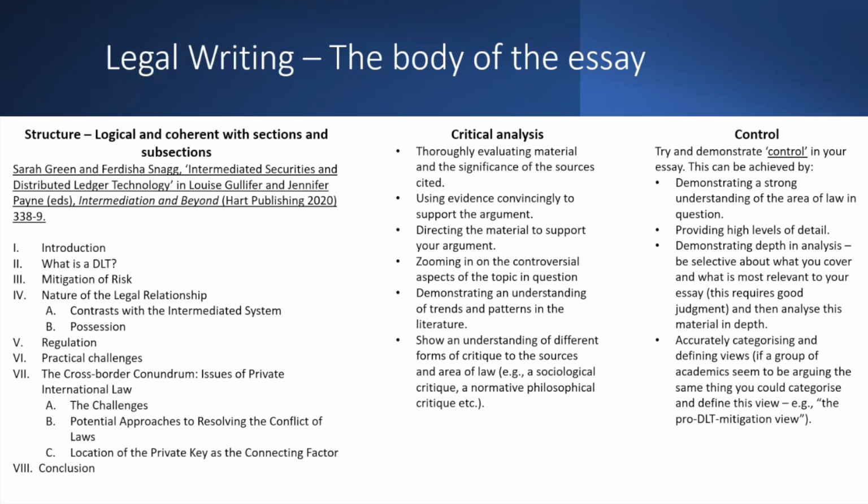There might also be trends and patterns in terms of when these opinions were being given. Is there a group of academics who have critiqued this particular legal issue? If so, when were they critiquing this issue? Does that compare in terms of time to the body of academics who agree with the legal point you're discussing?